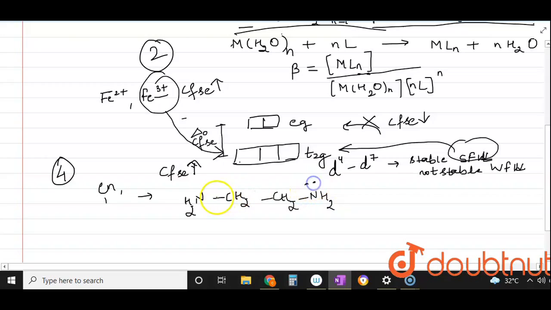The electrons present on the nitrogen atom bond to the metal and form a ring. So chelates means ring forming ligands.